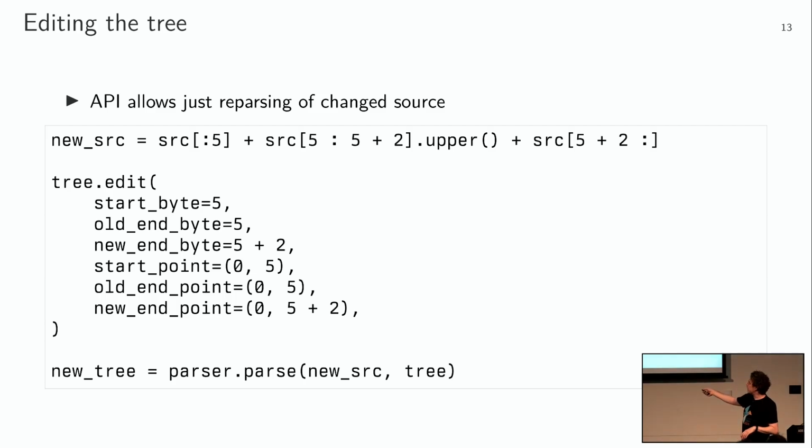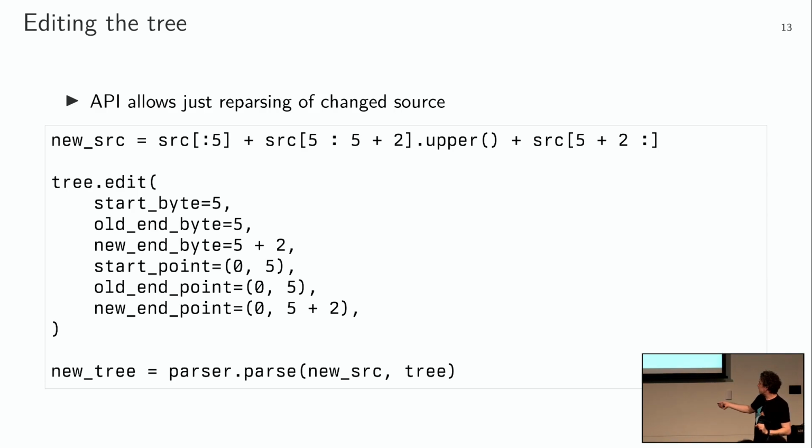We would then call on the tree, we would say, we've got a diff here. So we want to change these bytes to be these new bytes. We're basically saying the user has edited the source code, and these are the positions in the source code that's changed.